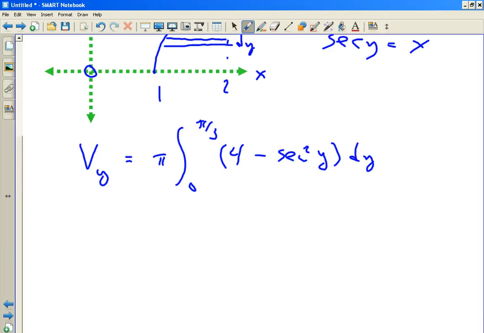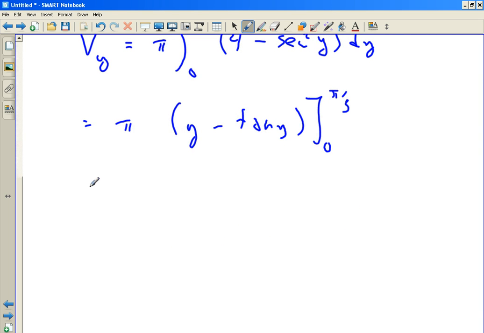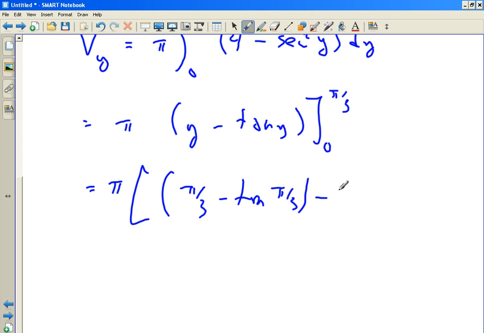All right, so let's write that. Let's say I get pi times 4y. And the antiderivative of secant squared y dy is tan y. And we want to evaluate this from 0 to pi over 3. And so what do you get? Well, pi times, plug in pi over 3, minus tan of pi over 3, minus plug in 0.